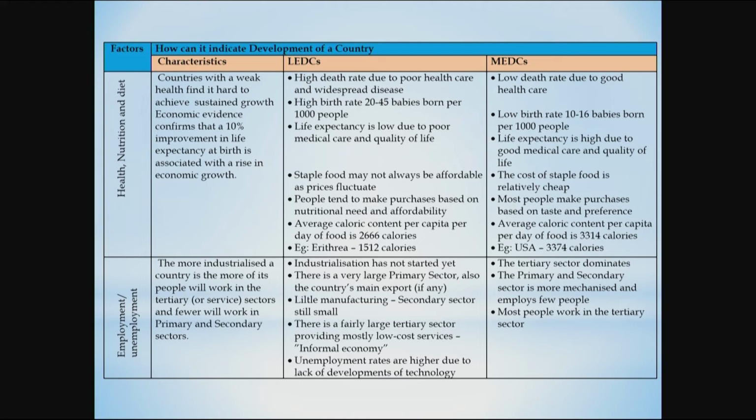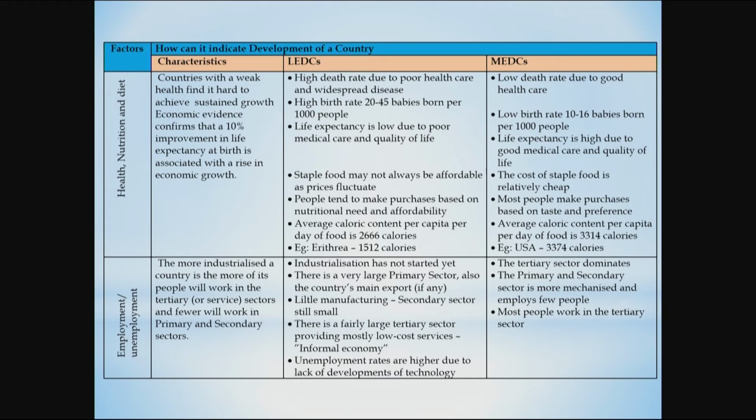When we look at diet now, the average calorie content per capita per day for the LEDCs is 2,666 calories of food, and for the MEDCs that figure is 3,314 calories.